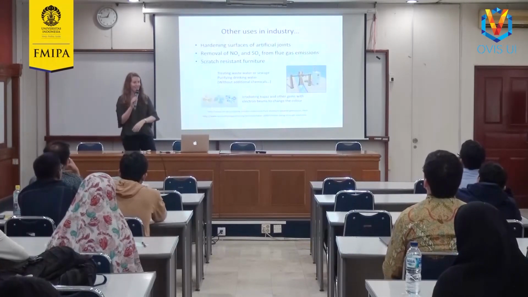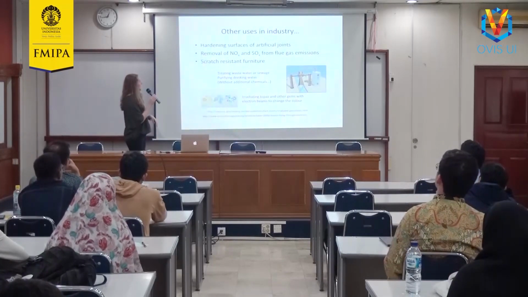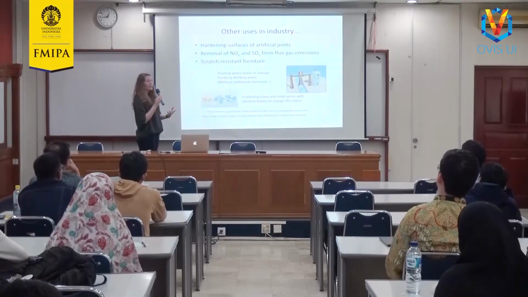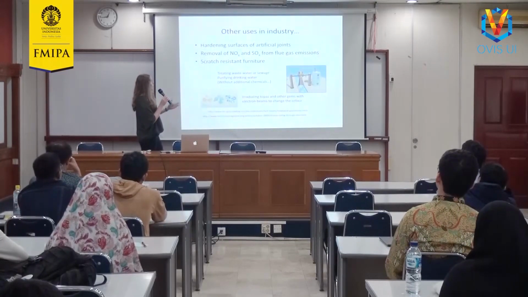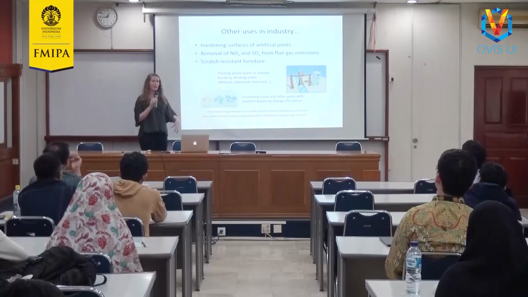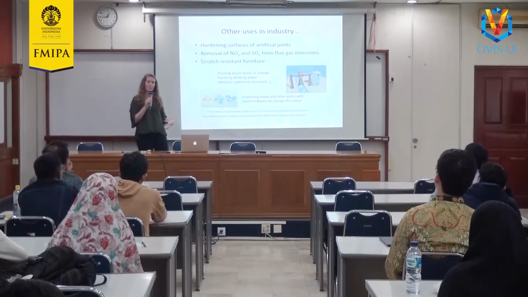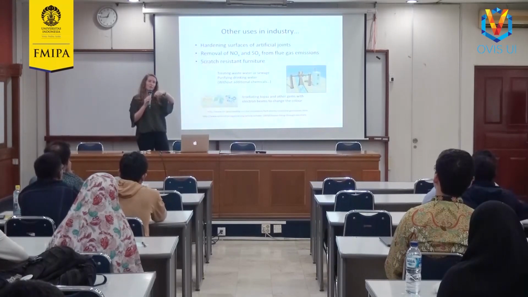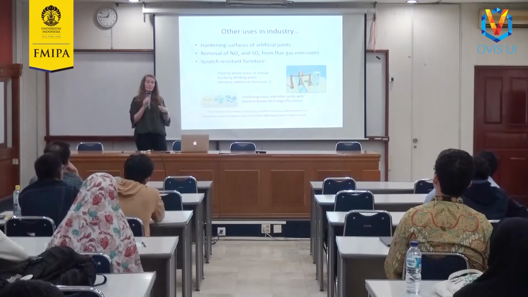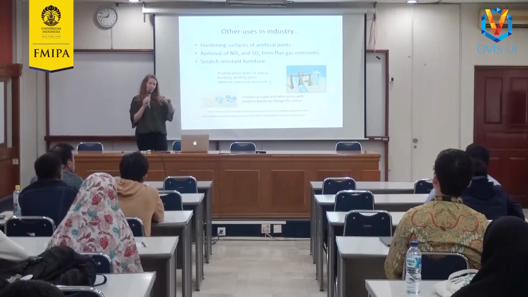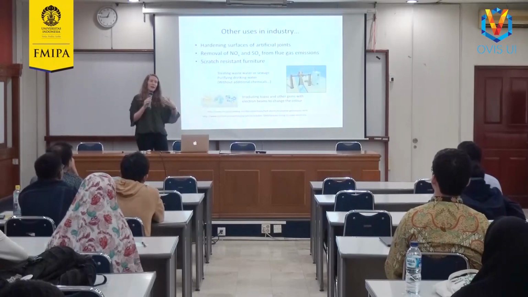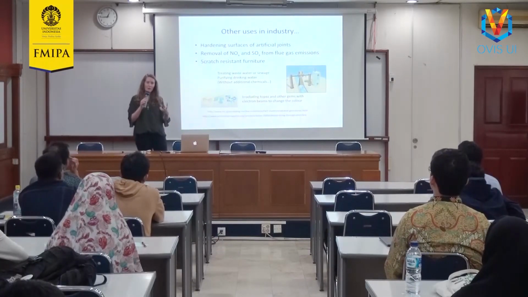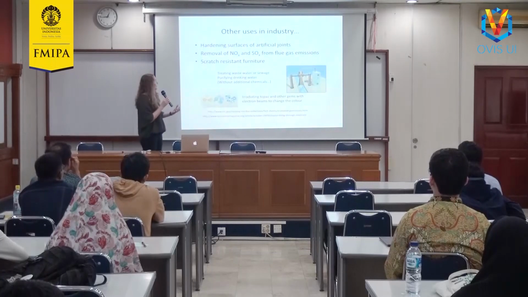I have an endless list of applications in industry. But some of the ones that are quite interesting at the moment is hardening the surface of artificial joints that are put in people's bodies, to affect how the body reacts to the surface. Because some bodies will reject an artificial joint, whereas if you study how the surface needs to look, the body is more likely to accept it, and it's a much more successful operation.